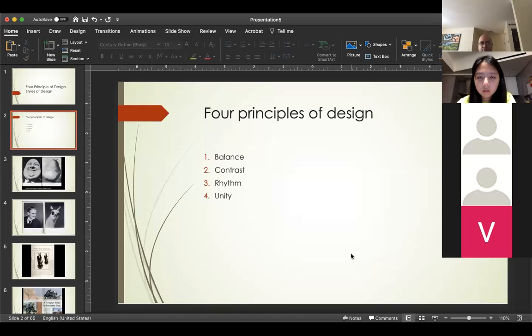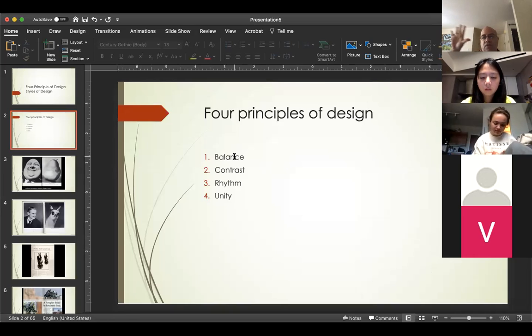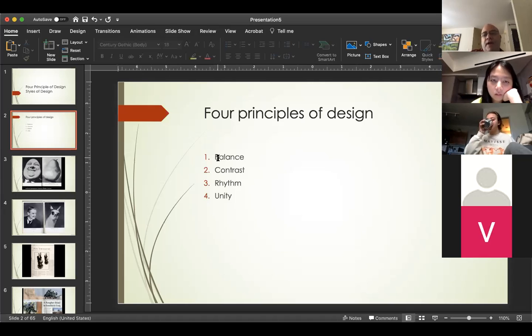Okay, so here are the four principles of design. We were talking about balance, and I said you put up something on the top left and bottom right, right? If they're big images, that's going to leave you text or whatever other things for top right and bottom left. It's going to affect balance, right?